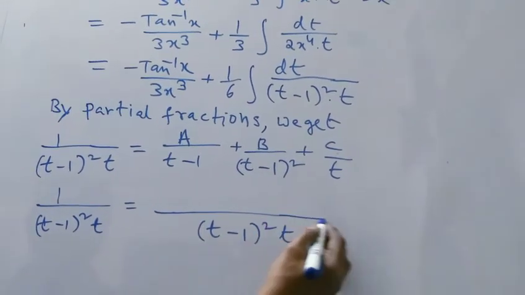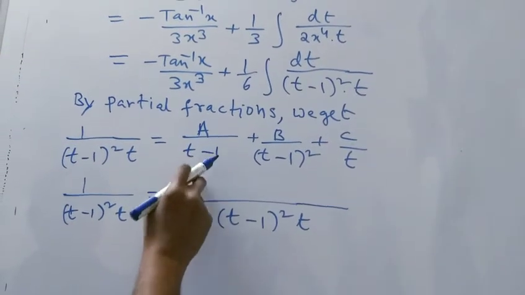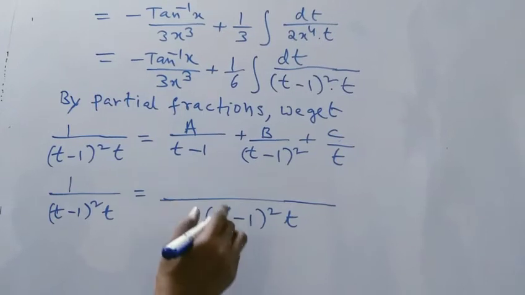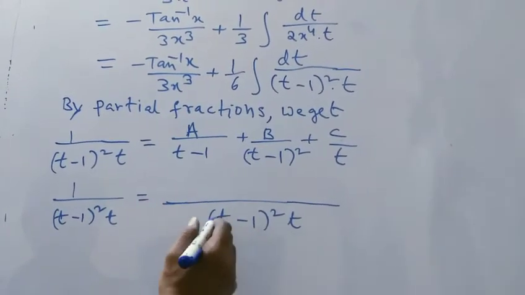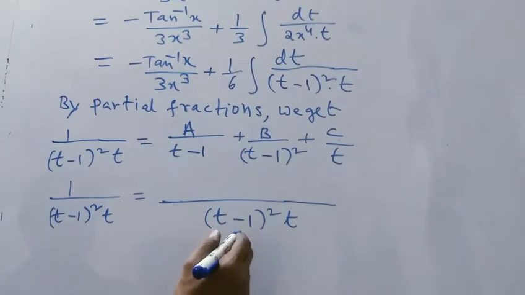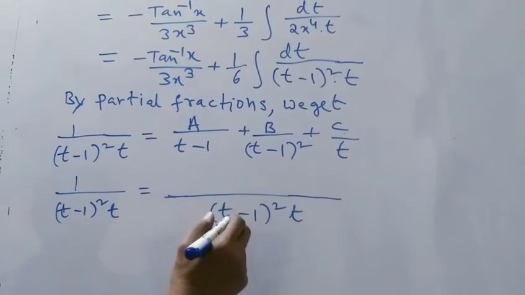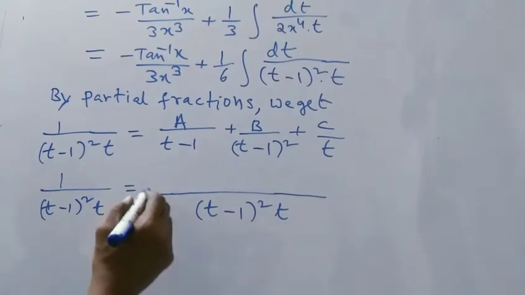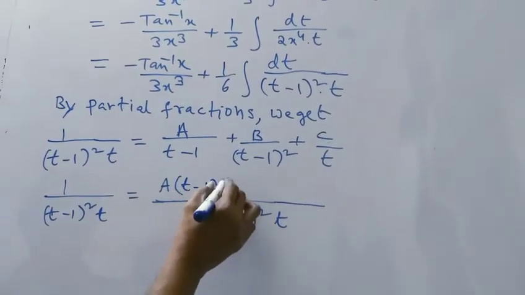Now a by t minus 1: by taking the LCM, t minus 1 divides t minus 1 whole square into t, the leftover term is t minus 1 into t, so a into t minus 1 into t.